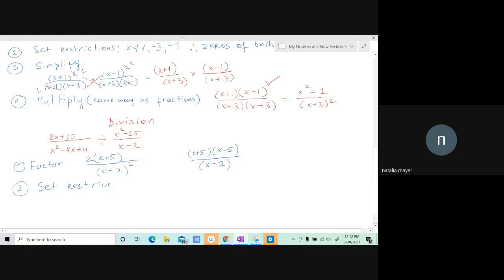Only denominators, but set restrictions for both denominators. This is what we already used to do. But here, because it's a division, we need to think about something else. Can you guess? Where else should we think about restrictions?